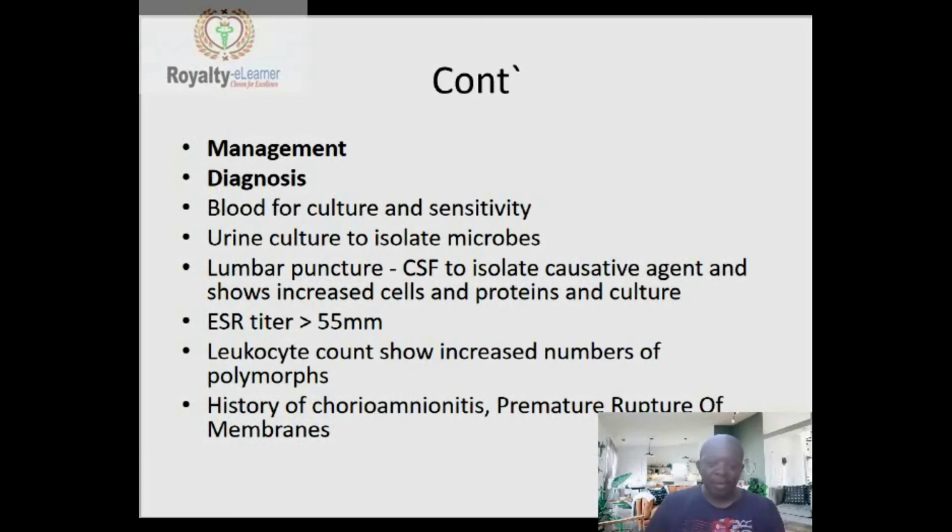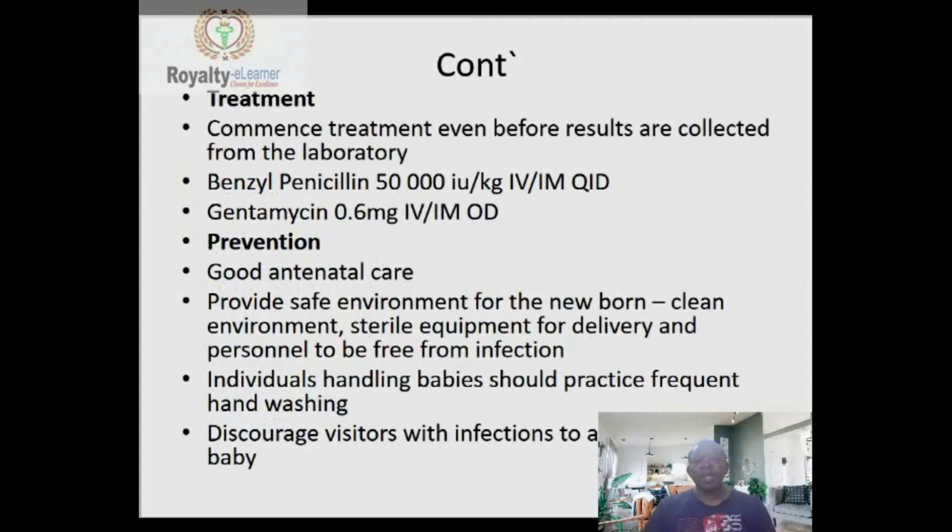ESR can also be performed to detect the presence of infection. Leukocyte count shows increased number of polymorphs. History of chorioamnionitis and premature rupture of membranes may be some of the things that we can use for making the diagnosis.